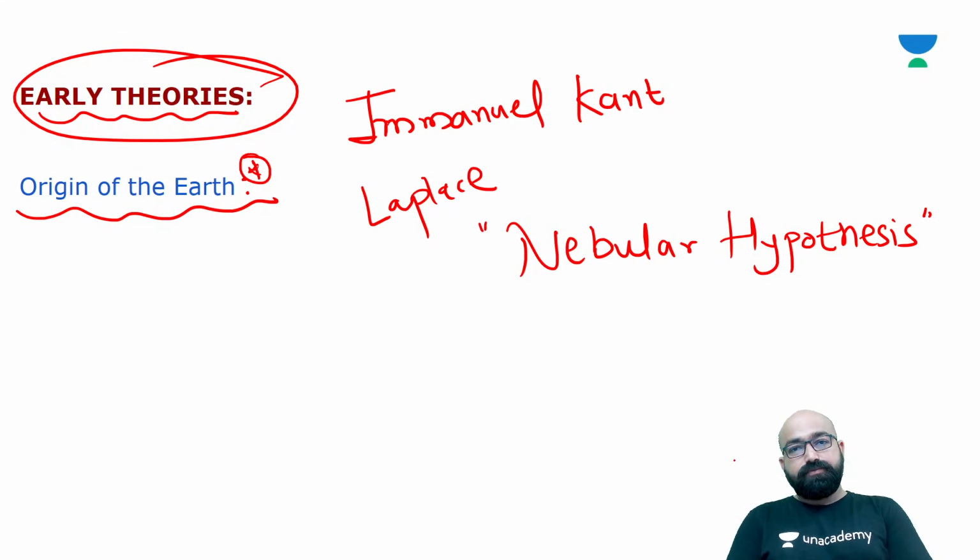As a result, a cigar-shaped extension of material was separated from the solar surface, and as the passing star moved away, the material continued to revolve around the sun and slowly condensed into planets.